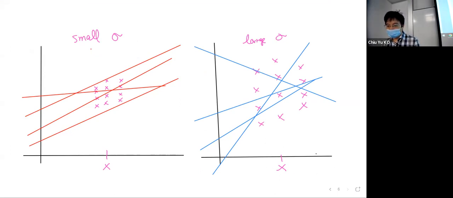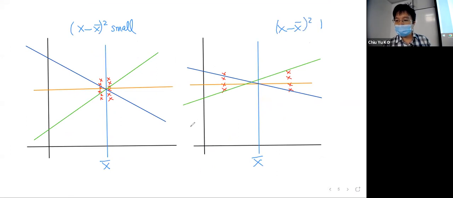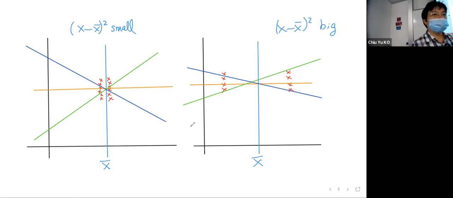In the graph, on the left hand side this one is small and this one is big, so the slope is much larger on the left hand side than the right hand side. That means the variance of B will be larger on the left hand side compared to the right hand side.